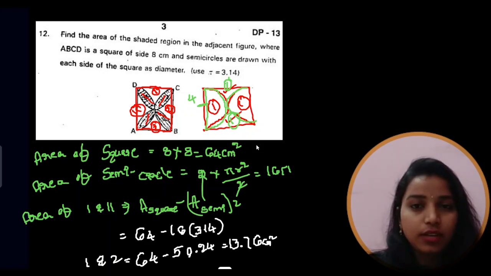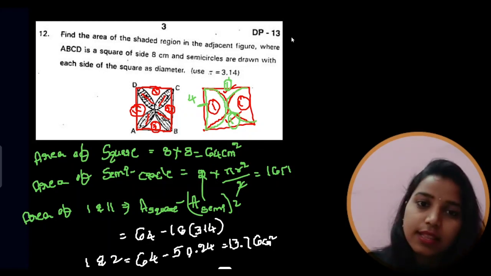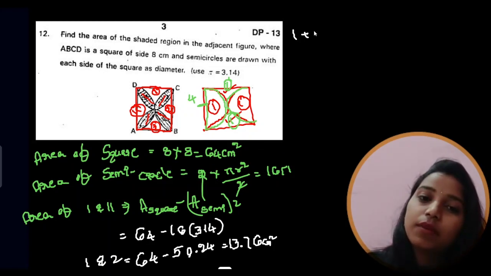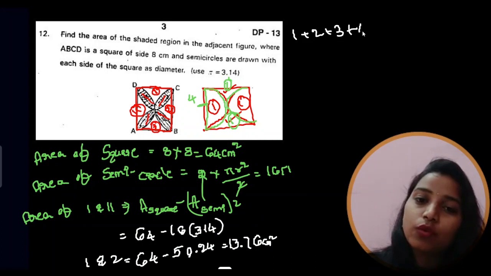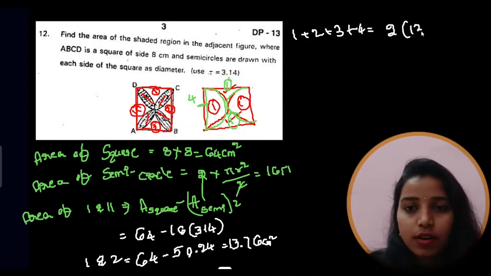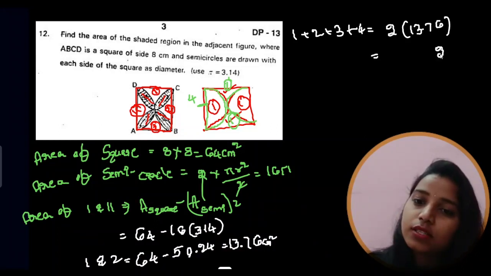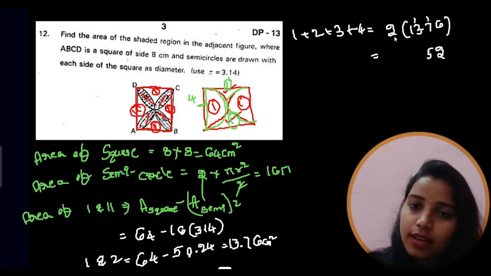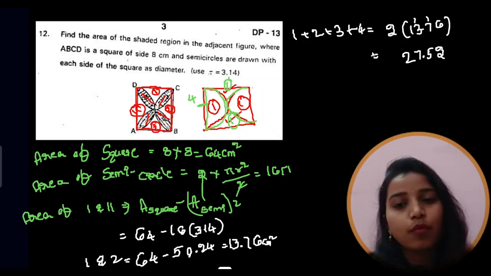But we also need 3 and 4. So simply the area of all 1 plus 2 plus 3 plus 4 is equals to 2 into 13.76, right? So that is equals to 2 into 2, it is 12, and 2 sevens 14 and 15, and 2 threes 6 and 7, right? It is 27.52.